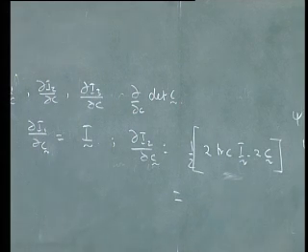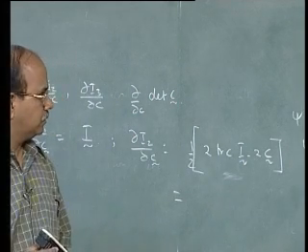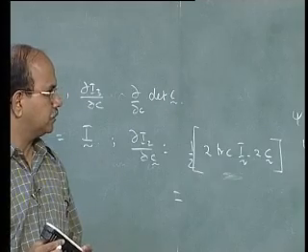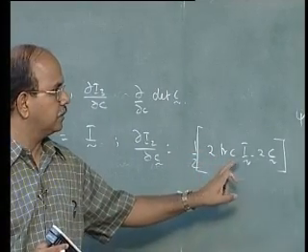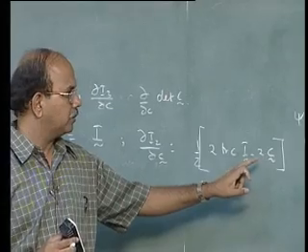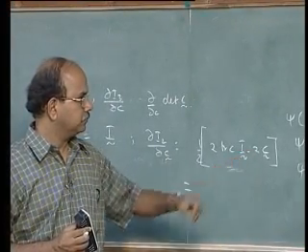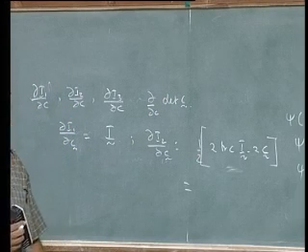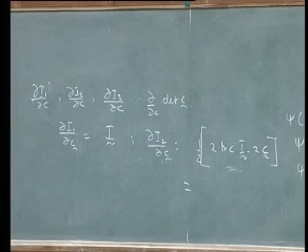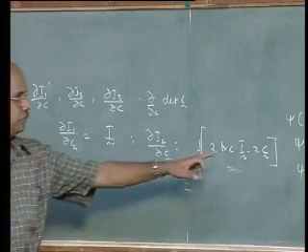One minute. 2 times trace of C into dou trace of C by dou C, yes, that's correct. And trace of C squared, dou by dou C, 2C is there, correct.